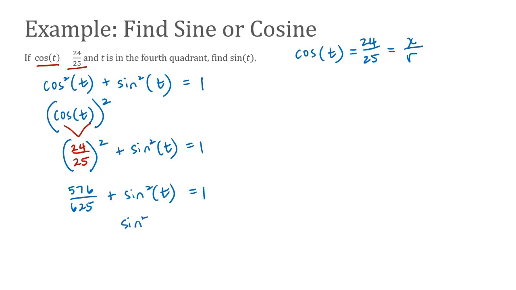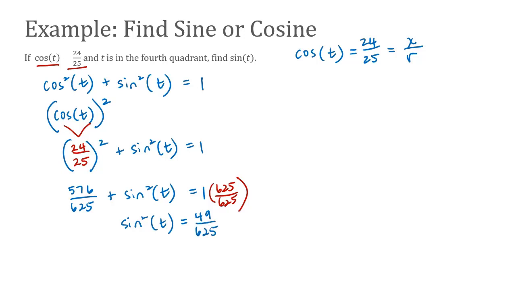Of course, I'm going to use a calculator, but I'm thinking of 1 in terms of 625 over 625. The reason I think of it that way is that now I can subtract: 625 minus 576 is 49 over 625.